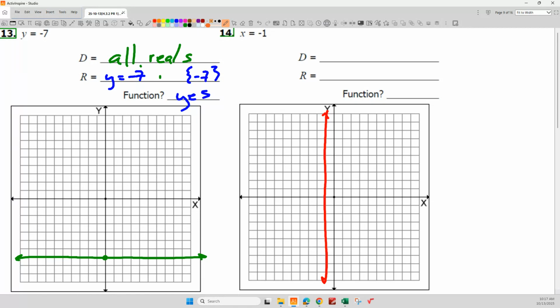X equals -1, which I could write as the set that includes only -1. What's our range? All reals. What if I wanted to write that using interval notation? Good. Is it a function? No, a vertical line miserably fails the vertical line test, doesn't it? Right?